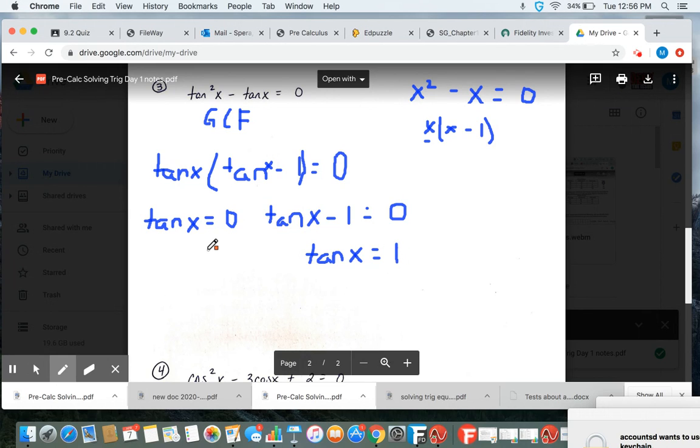Now we have to begin to think about how we're going to get that answer by saying to ourselves, all right, well, what angle would give me a tangent of 0? What angle, when I take its coordinates, y, and divide by x, can I possibly end up with 0 as the result? Well, for us to get 0 when we're dividing, the numerator can be 0. The denominator can't be, or else it would be undefined.